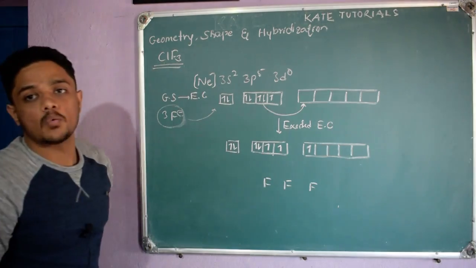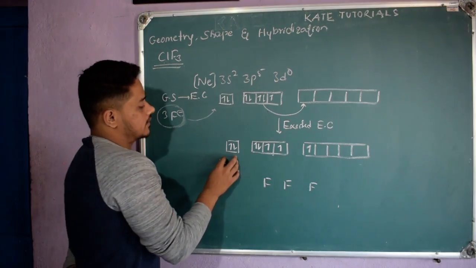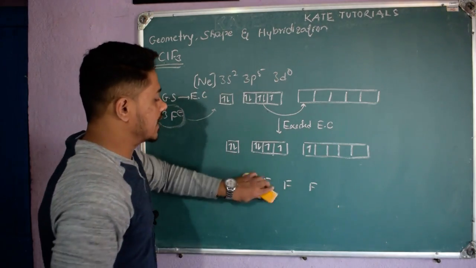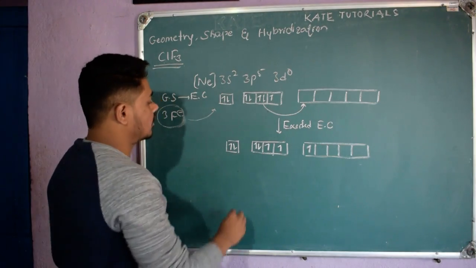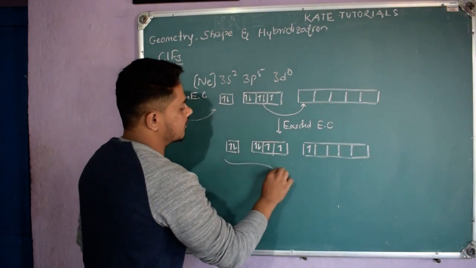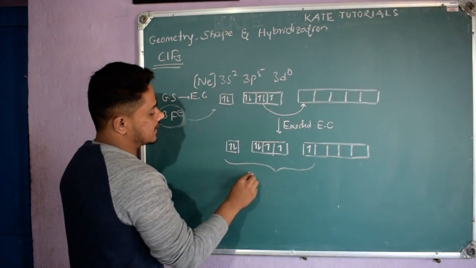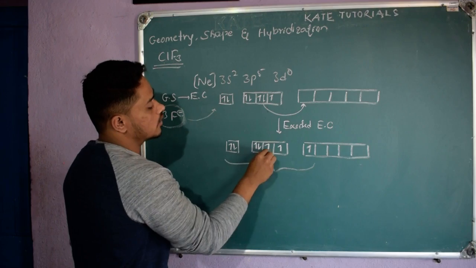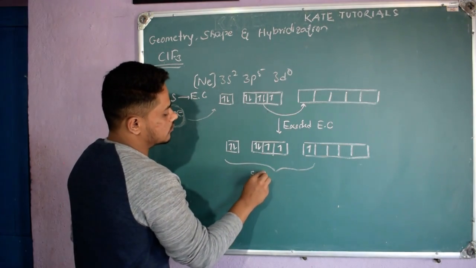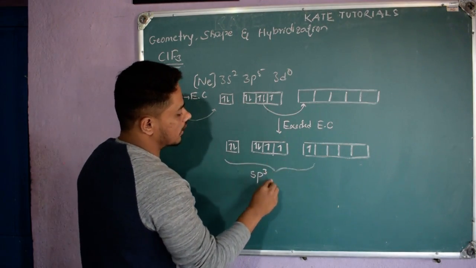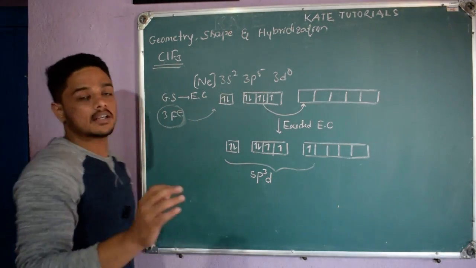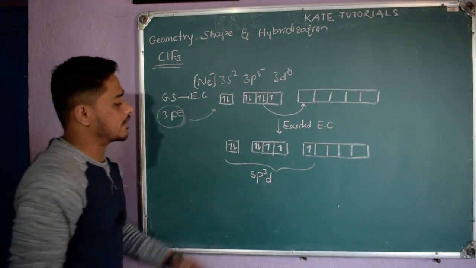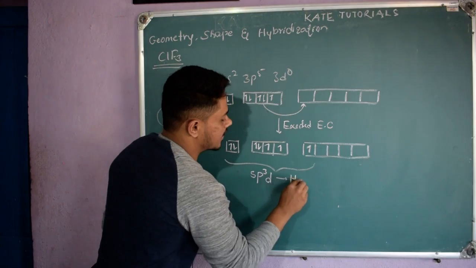Before they combine, all are different, so they will hybridize. Hybridize means all these will combine with each other: one s, how many p? 1, 2, 3, 3 p, and how many d? Only 1. sp3d, like that they will combine. So its hybridization is sp3d hybridization.